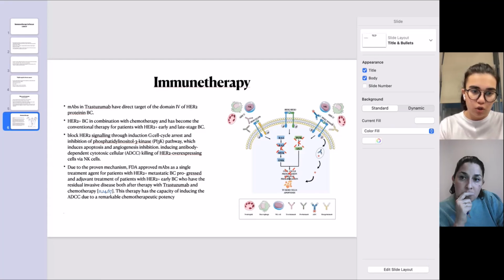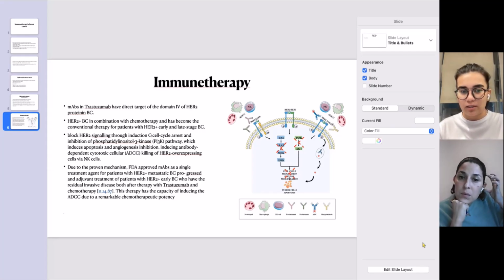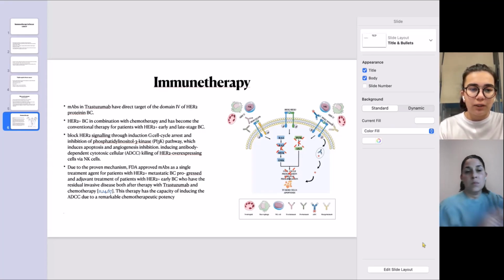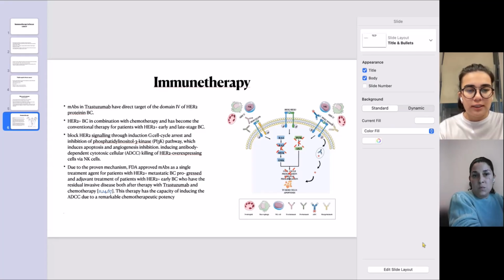So this image shows blocking HER2 signaling through the induction of G1 cell cycle arrest and the inhibition of the PI3K pathway, which induces apoptosis and angiogenesis inhibition, and induces antibody-dependent cellular cytotoxicity killing of HER2 overexpressing cells using natural killer cells.